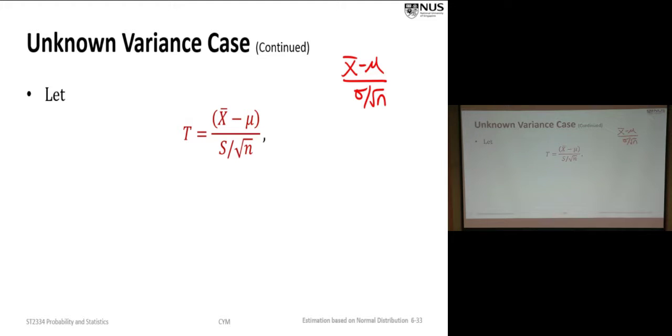So that is a statistic in some sense. Besides the mu that we are interested in finding the confidence interval for, x bar is known, sigma is known, square root n is known. So this is a statistic, all right? In fact, it will be something like this. This is the statistic that I'm talking about, plus or minus.